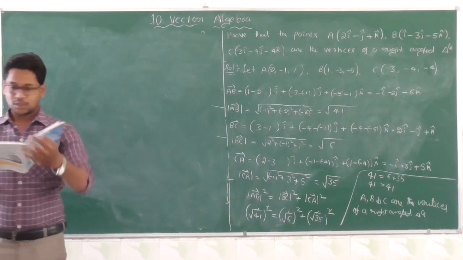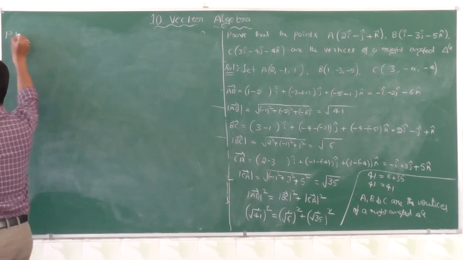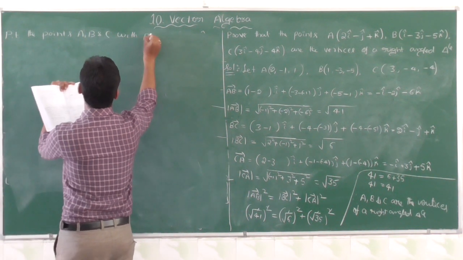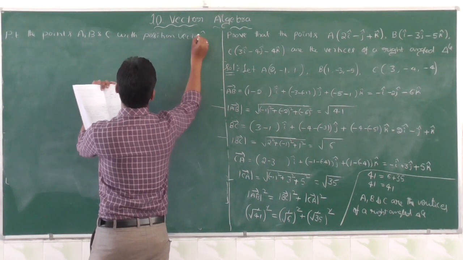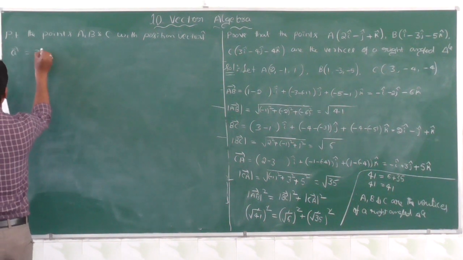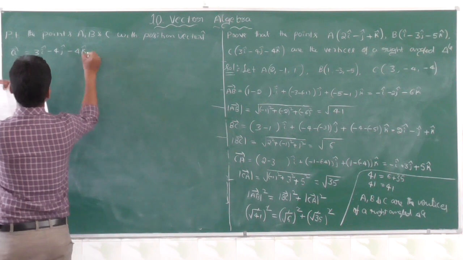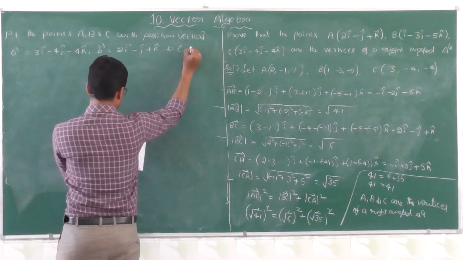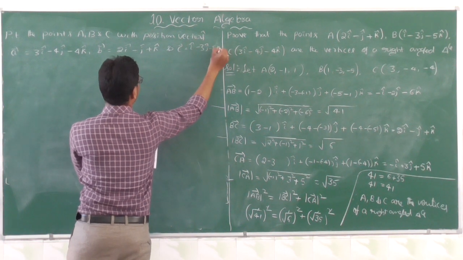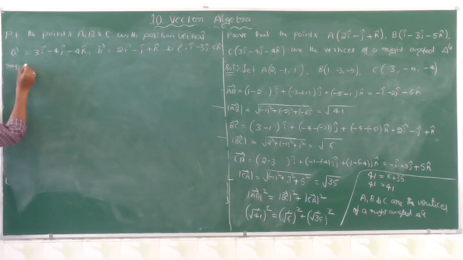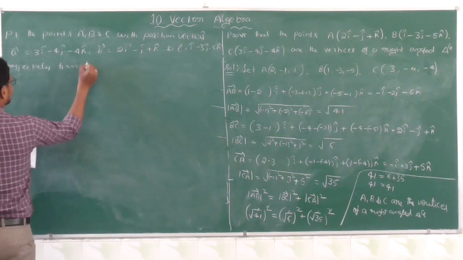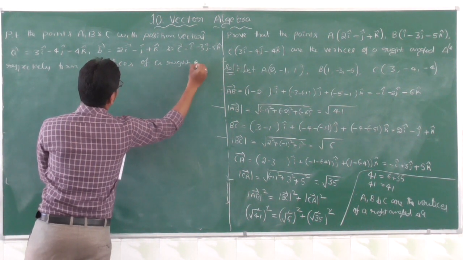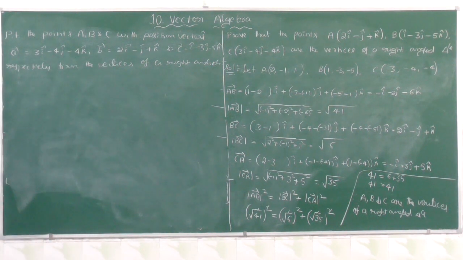Prove that the points A, B and C with position vectors A vector equals 3i minus 4j minus 4k, B vector equals 2i minus j plus k, and C vector equals i minus 3j minus 5k, respectively form the vertices of a right angle triangle. It is a proper homework for you.